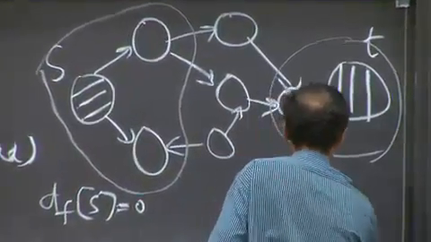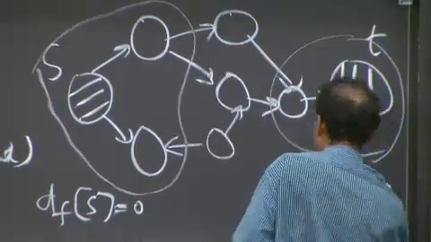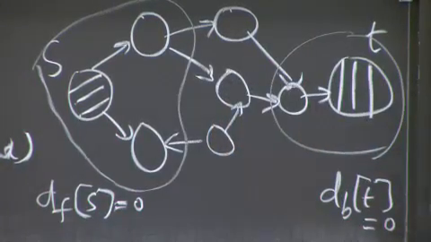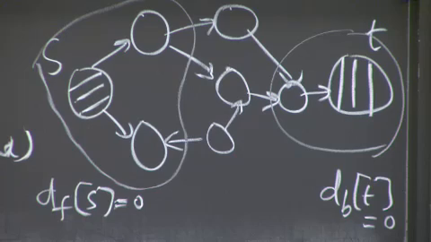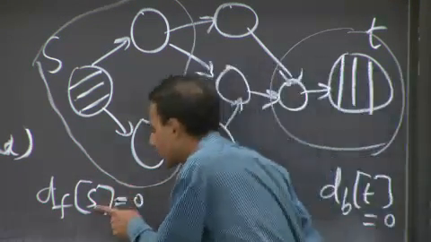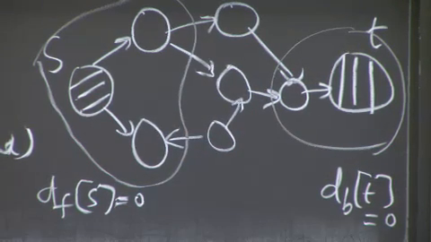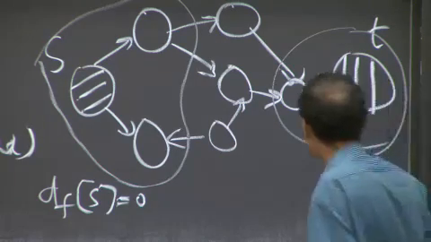And we have D_B of T equals 0. These subscripts correspond to these two different priorities, and it's exactly complementary. Only the source S in the forward search has 0 priority at the beginning. Everything else has infinite priority.